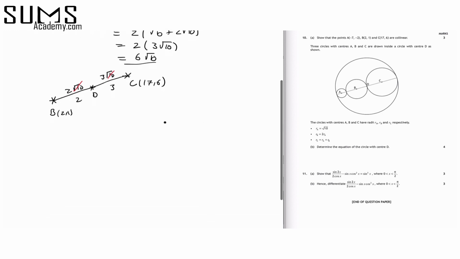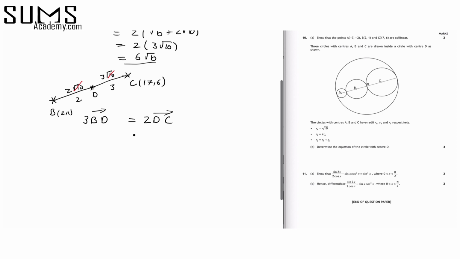Okay, so now we can get an expression for D. What we're saying is B to D and D to C are linked by this ratio. So 3 lengths of B to D is the same as 2 lengths of D to C.